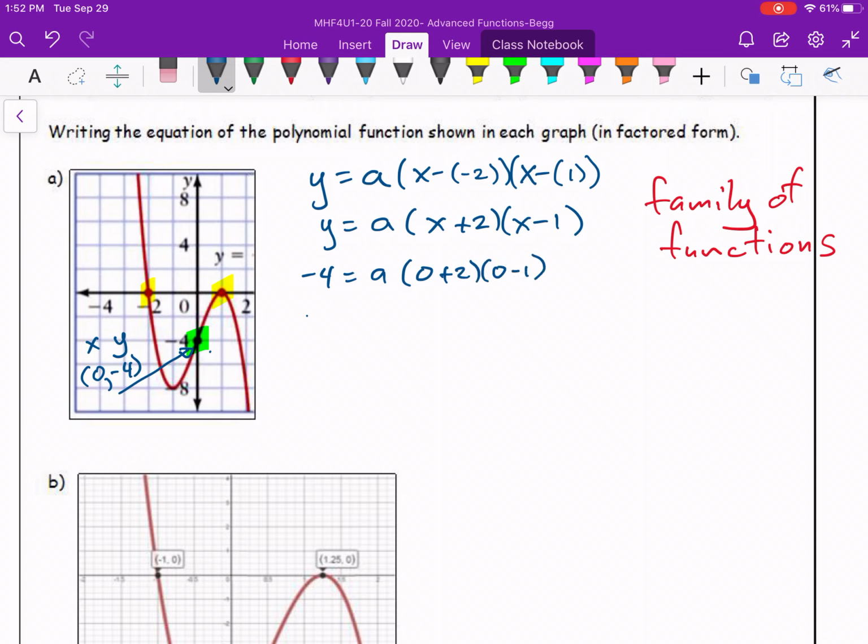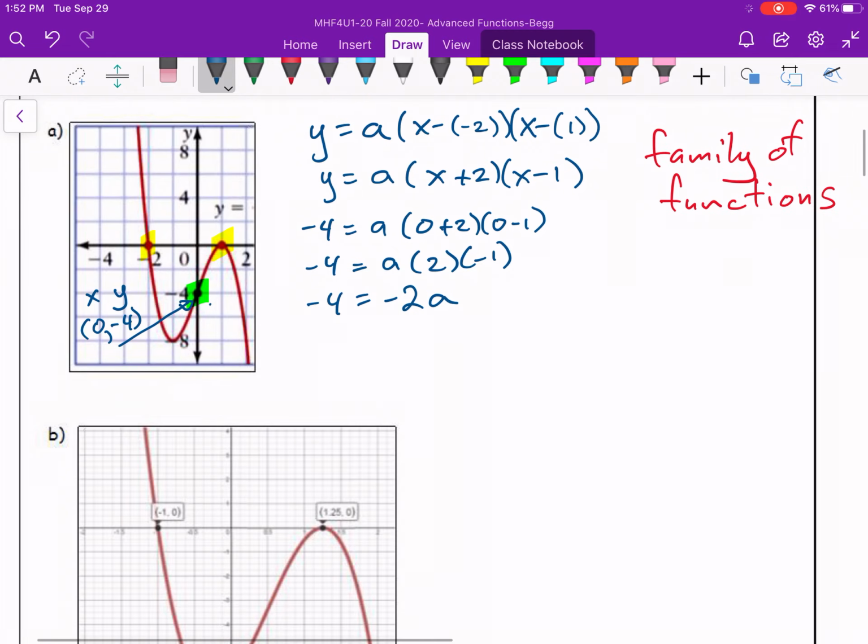And then I simplify it, and I keep simplifying it. 2 times -1 is -2. I'm going to write that in front of the a, because when we've got variables and numbers together, the numbers should come first. Then I'm going to start solving this equation.